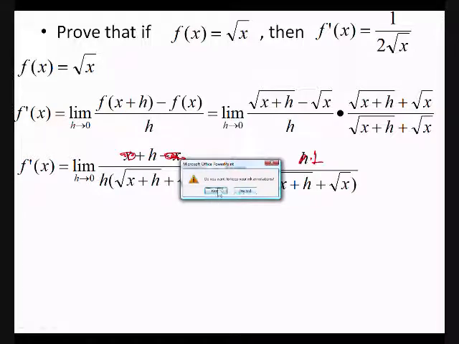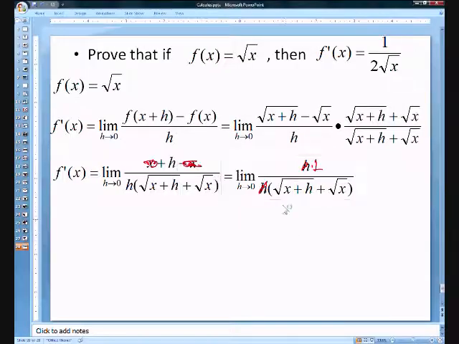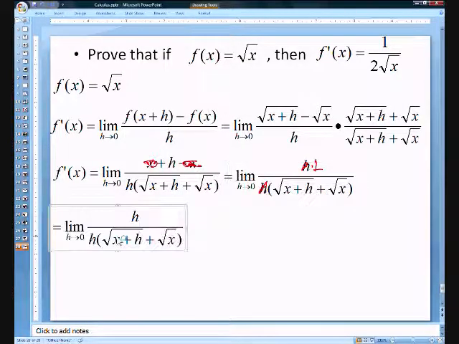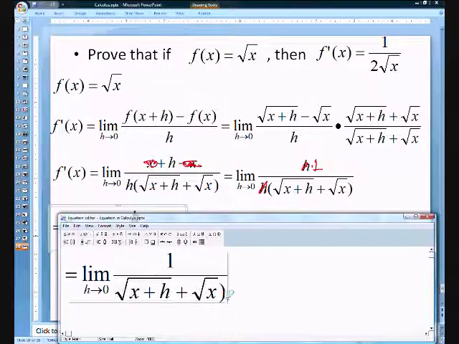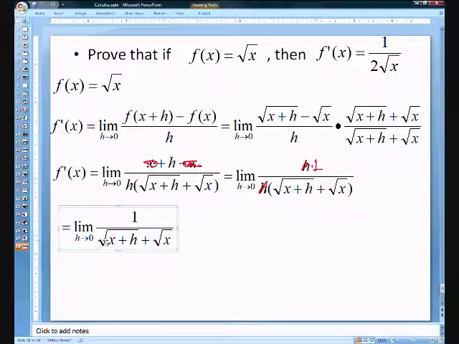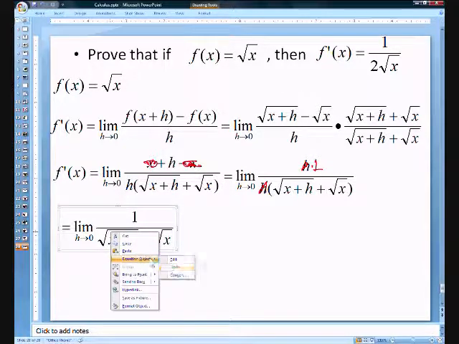So let's go to our next step from there. So we have 1, and now we have our denominator here. So as h approaches 0, right, now that it's within this domain, we can actually just sort of plug it in, right?